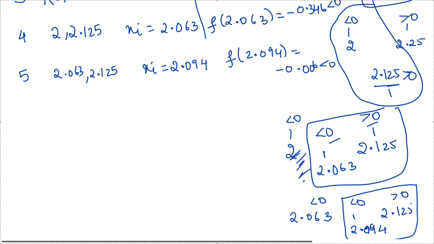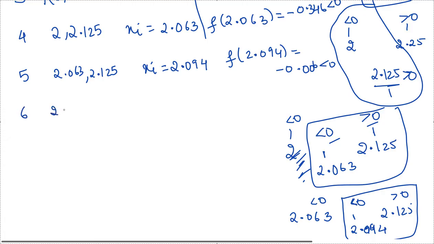A hint to remember: the middle value should always be considered. Along with it, you have to understand whether it is greater than or less than. If the middle is giving us less than 0, we will take the one giving us greater than 0. If it was giving us greater than 0, then we would have taken the less than one. This is a trick which I just remember.